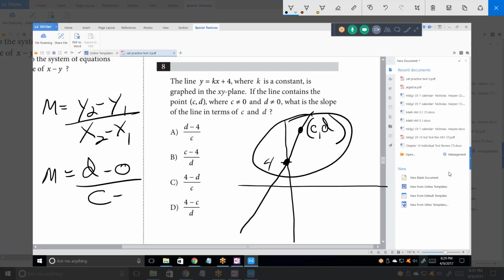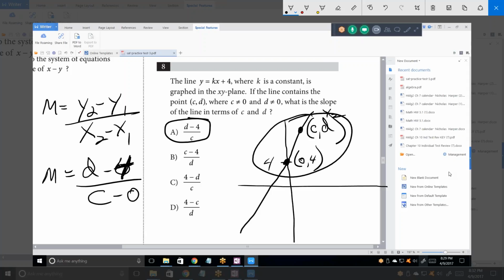In other words, y sub 2 is d, but y sub 1 is 4. Coordinates on that point are (0, 4). So it's d minus 4 over c minus 0. Right, there we go. And that is that answer right there: d minus 4 over c.